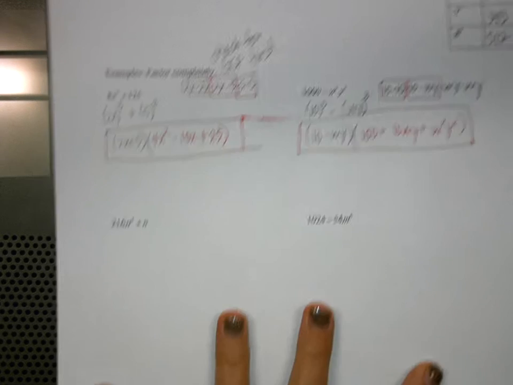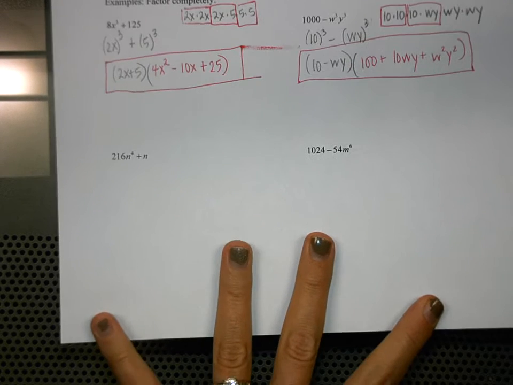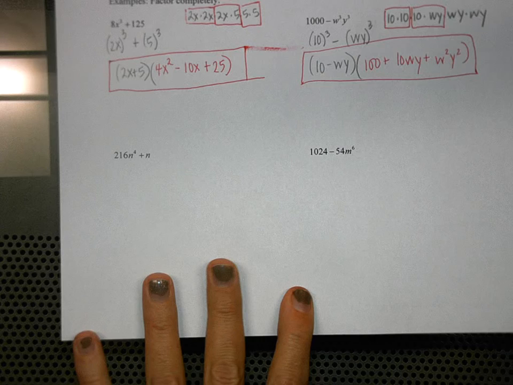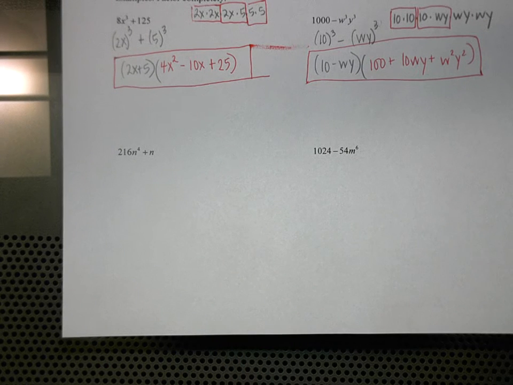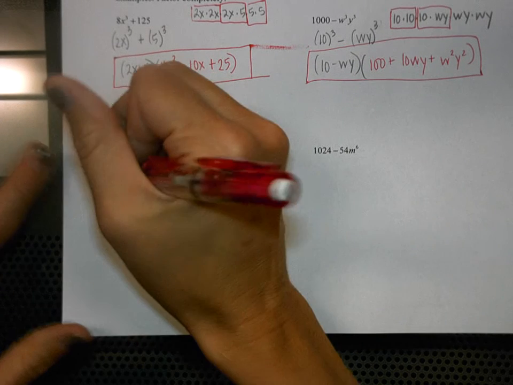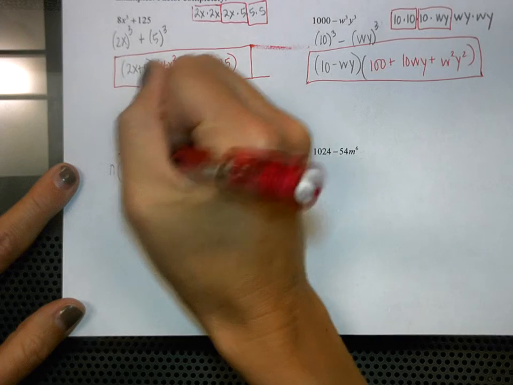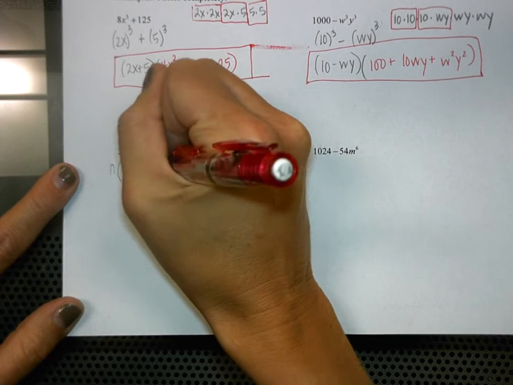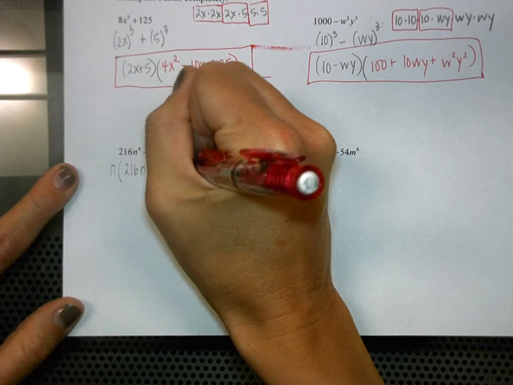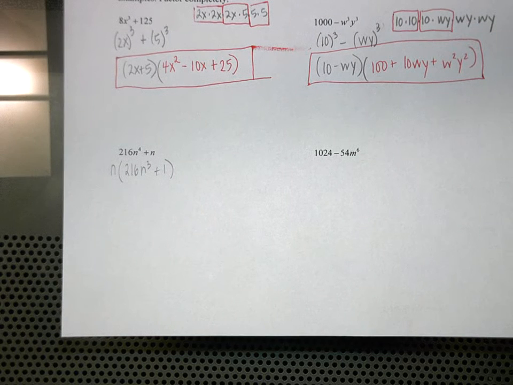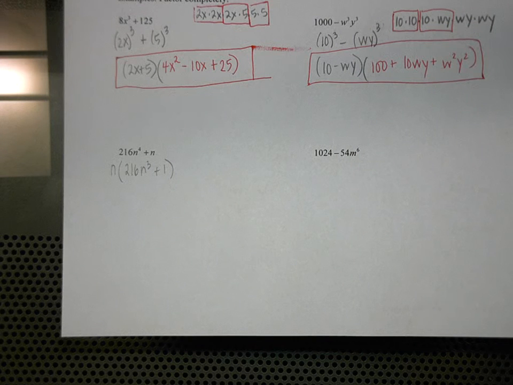Okay, next one. Do we notice a GCF? What would be a GCF? n. Okay, so I'm going to first factor out my GCF, which is n. Now I have 216 n to the third plus 1. So now I need to write each of those as cubes.